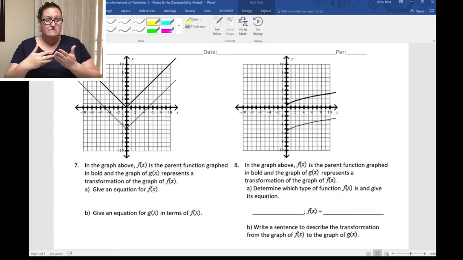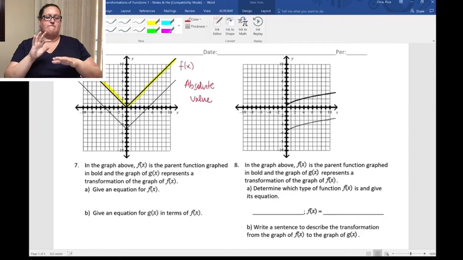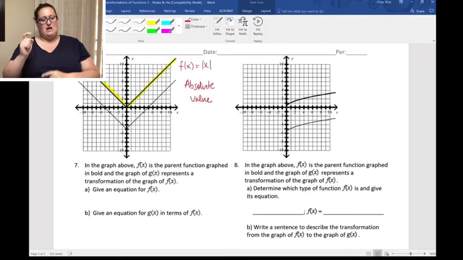This is f(x), and we know that f(x) is an absolute value function, and the equation of an absolute value function in regards to its parent function is f(x) = |x|. So for part A, the equation of f(x) is f(x) = |x|.